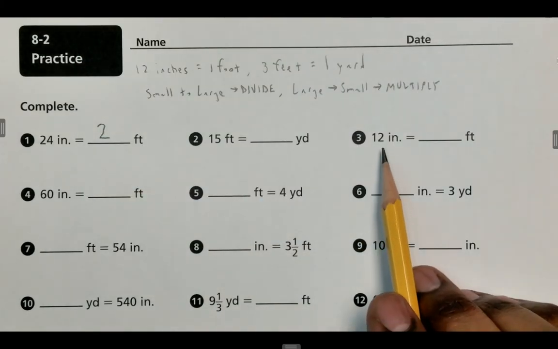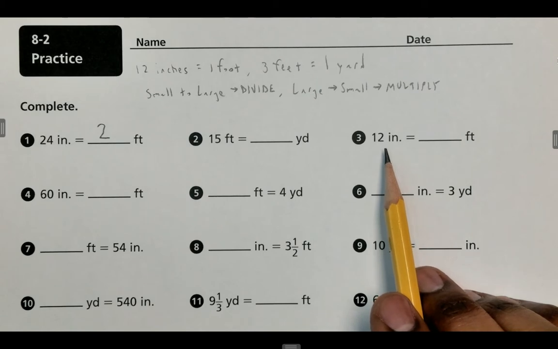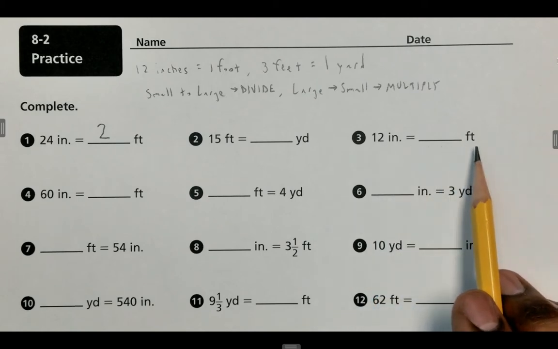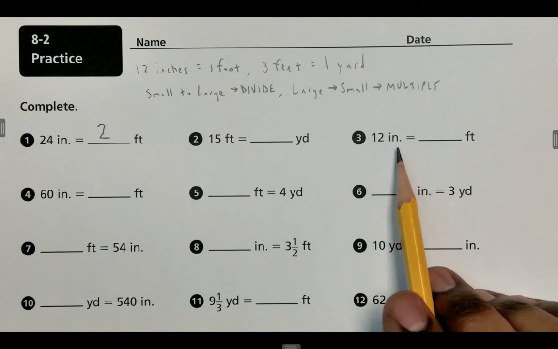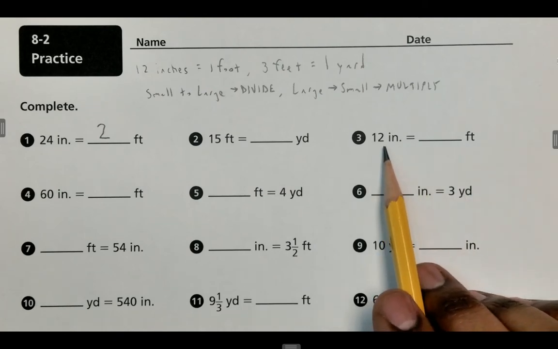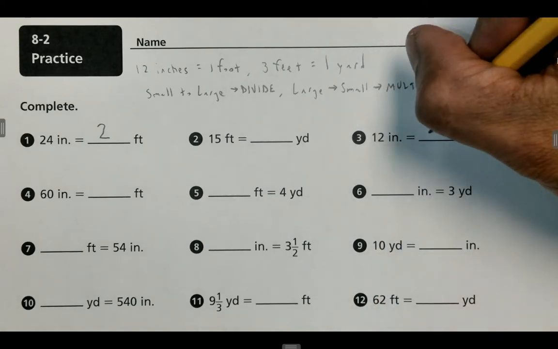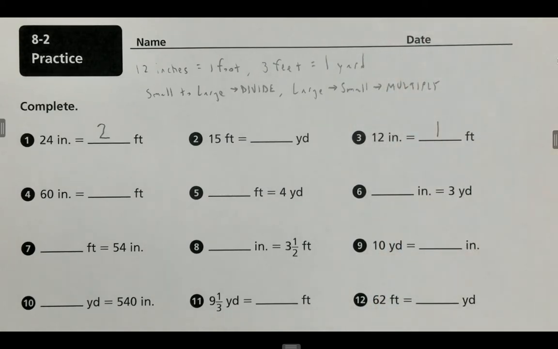Skipping over to number 3, inches to feet. Again, small to large, thinking division. I'm going to divide 12 by what? Well, 12 inches make a foot. 12 divided by 12 is 1. Number 5, feet to yards. Again, small to large.